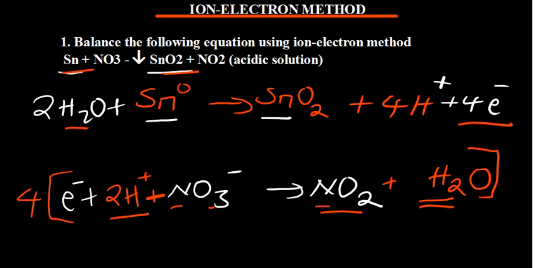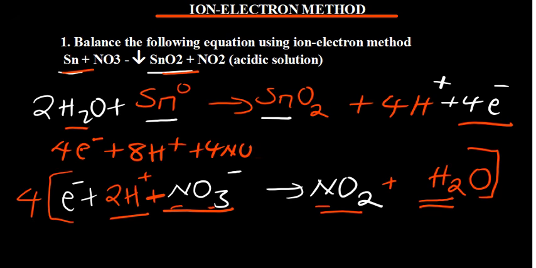So we're going to have 4 electrons plus 8, so this by 4 plus 4. Then on the right, it will be 4 nitrogen dioxide plus 4 water molecules.